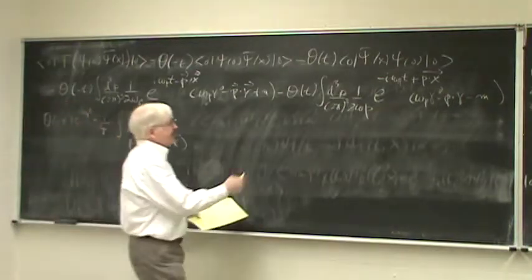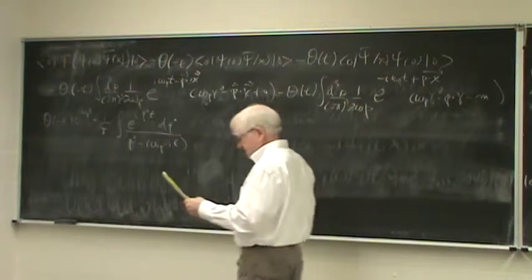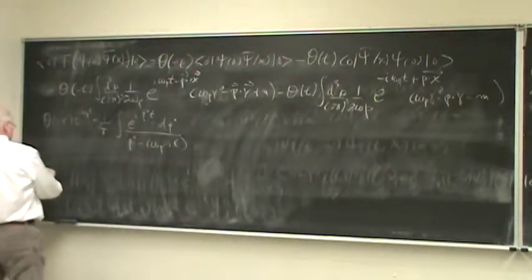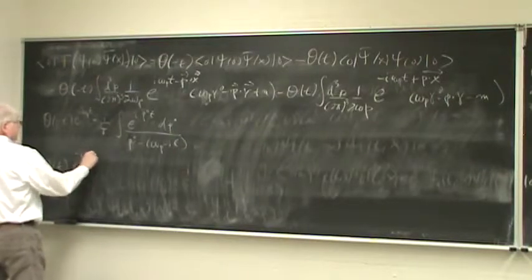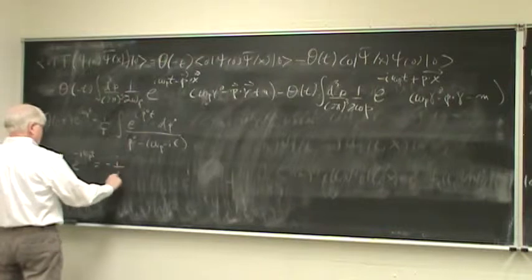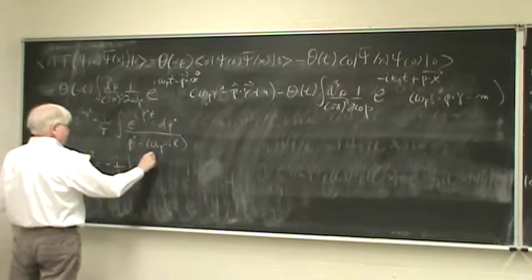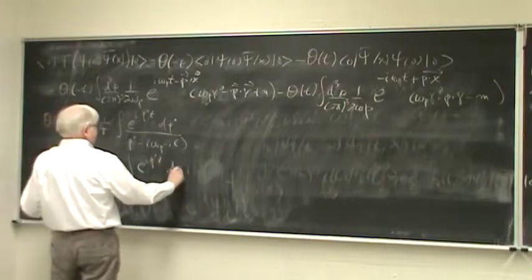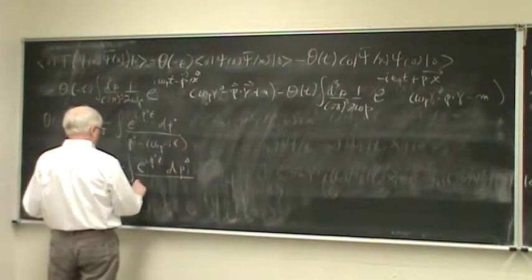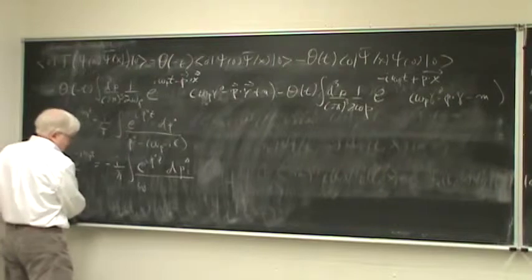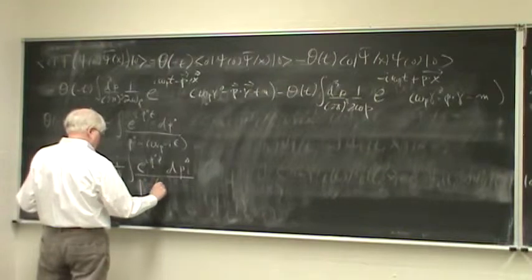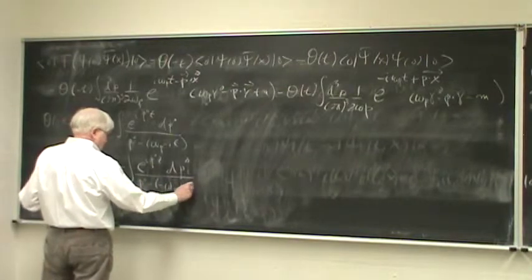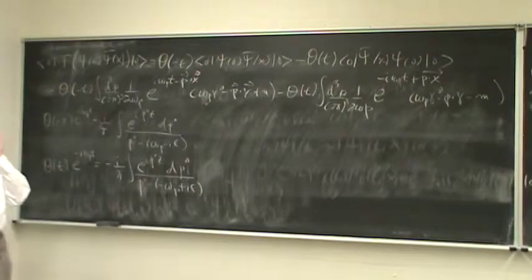And then we have this thing, theta of t e to the minus i omega p t. And this is minus i over pi integral e to the i p0 t dp0 over p0 minus omega p plus i epsilon. Okay. You guys don't want me to derive the contour integrals again, do you?